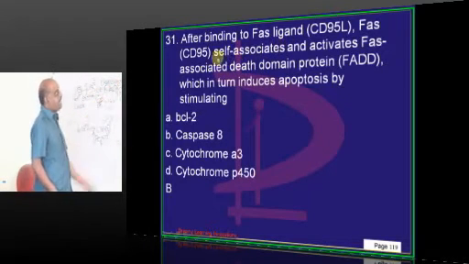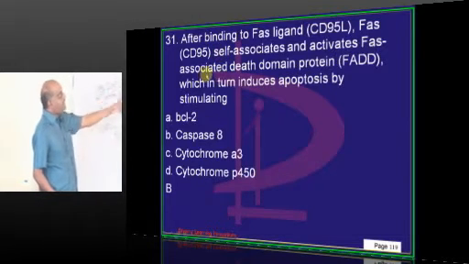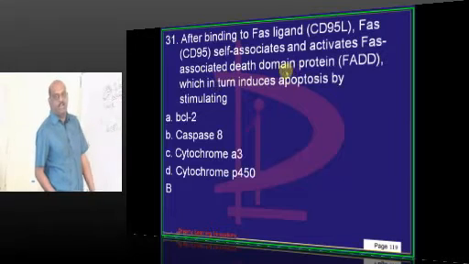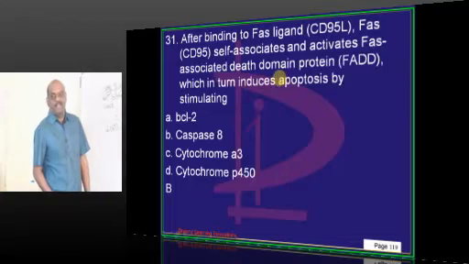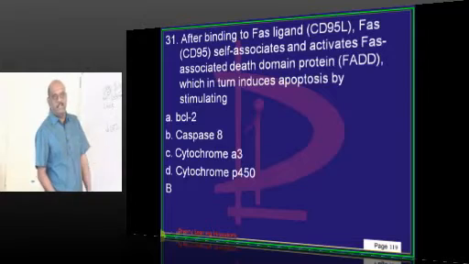After binding to FAS ligand, the CD95 self-associates and activates the FAS and initiates the death domain protein called FADD. So FADD will decide whether endometrial cells will shed out or not. Normal regular menstruation is an apoptotic process. Involution of uterus in the postpartum period is apoptosis.